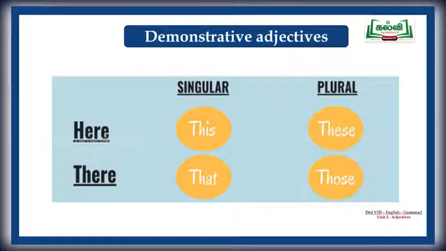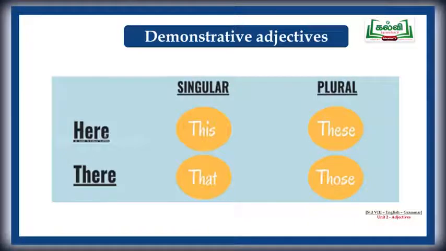Look at this picture. Here the singular form as well as the plural form is given when the object is near to you. If it is singular you have to use this. If the same singular object is far away from you, you have to use that. This is my shirt, because it is very near to me. If it is far from me, I say that is a tree, that is a camera.